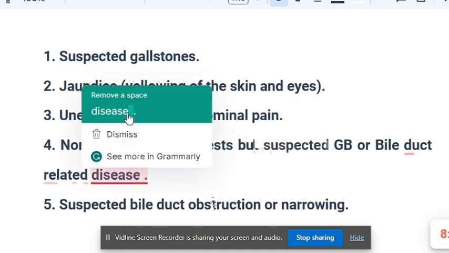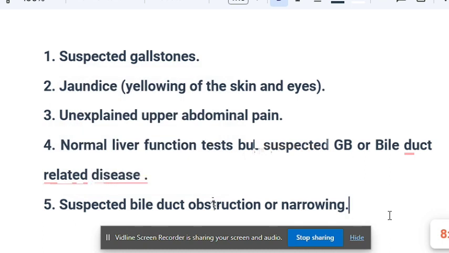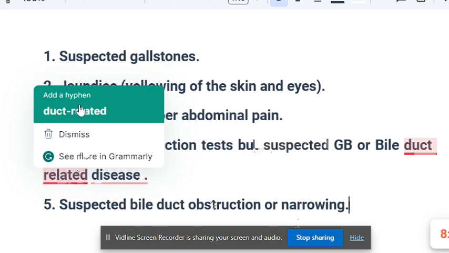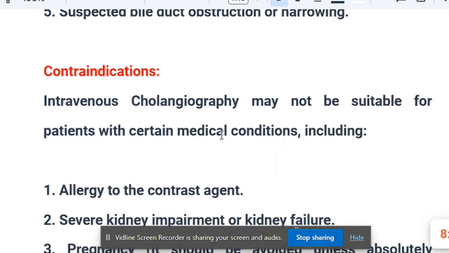That is mentioned just below. Spelling is correct. Suspected bile duct obstruction or narrowing.